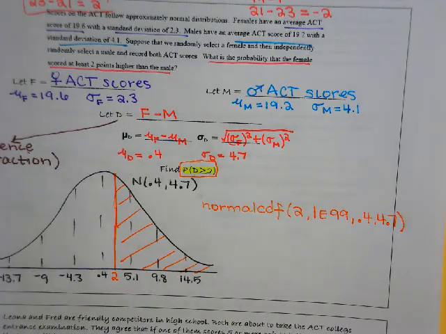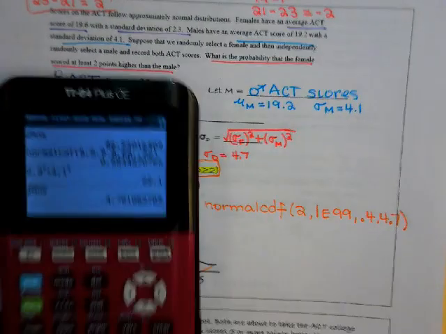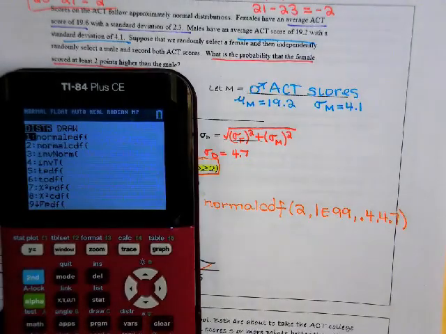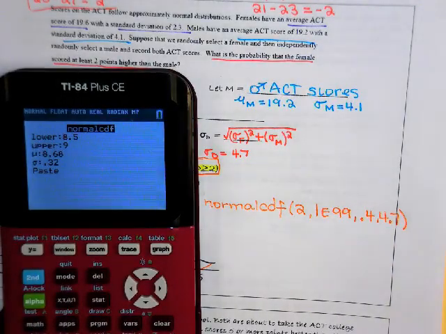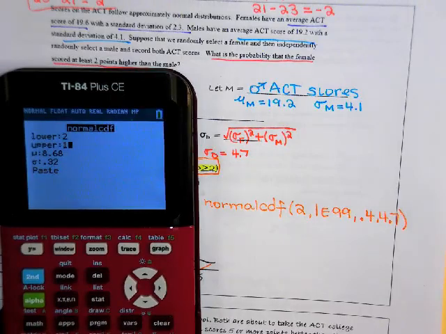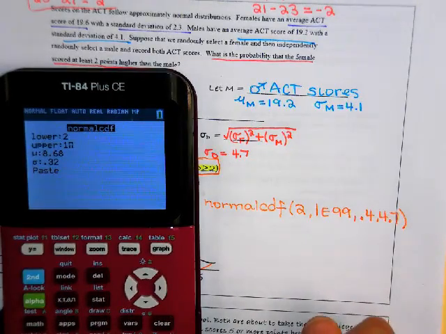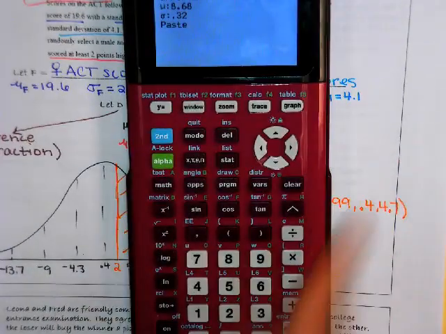Second bars, number 2. 2 is the lower bound. Remember to get your E, it's the second comma. So comma is right above the 7. And then 99, the mean is 0.4, standard deviation 4.7.